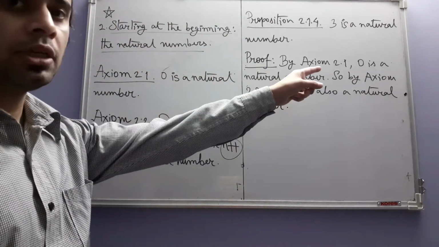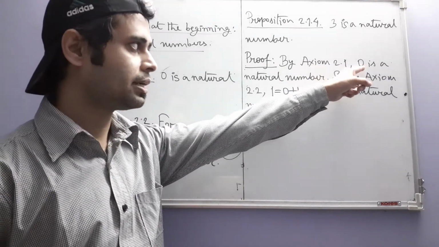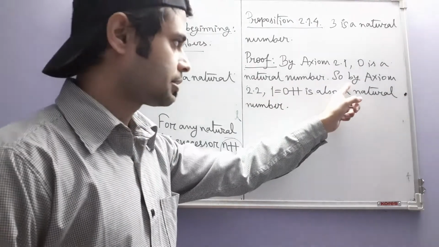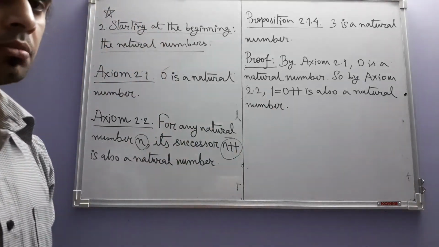See, first we have made use of Axiom 2.1 in deciding that 0 is a natural number. That is our first assumption. Now the second assumption lets us say that 1 is a natural number.